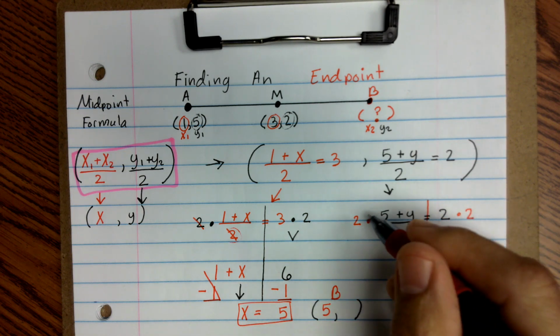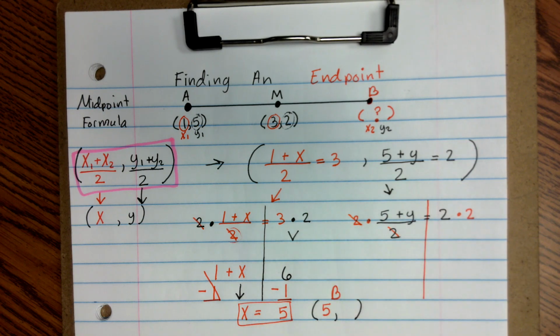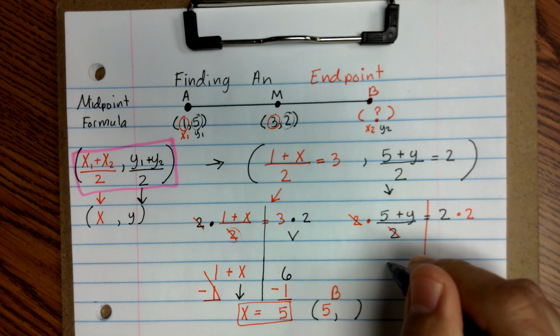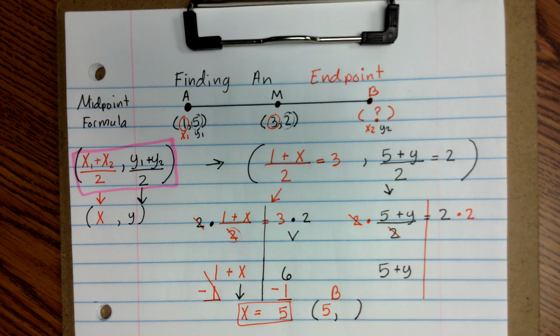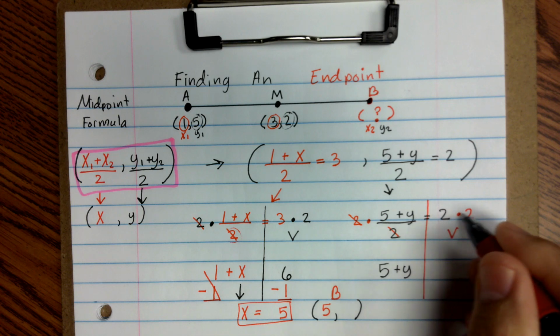And so I end up canceling those 2's. And all I'm left with right here is 5 plus y is equal to 4. 2 times 2 is 4.